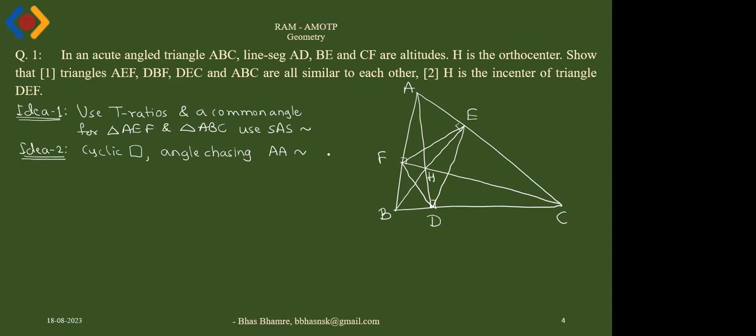So the solution is with you and we will elaborate on it. I will go with idea 2 first because that is a very simple idea. Why simple? Because it has no more machinery, no tools other than angle chasing. So, solution following idea 2.